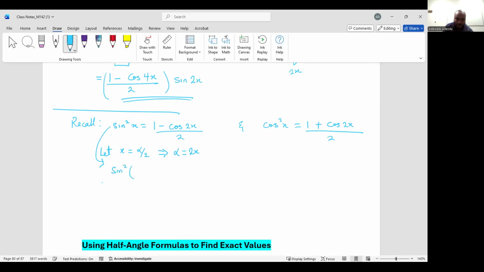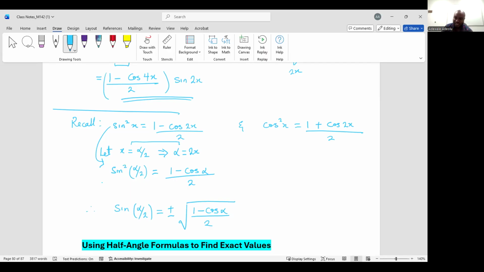Sine squared of, instead of x now, I write my half angle there, equals 1 minus cosine of, instead of 2x, alpha, right? From my representation, divided by 2. Therefore, sine of alpha over 2 becomes plus or minus square root of 1 minus cosine of alpha divided by 2. So that is the half angle formula for sine.